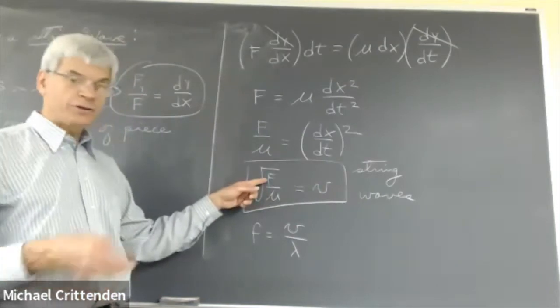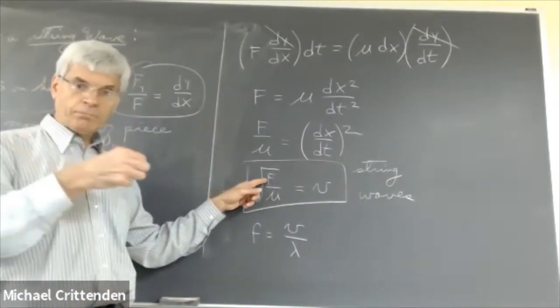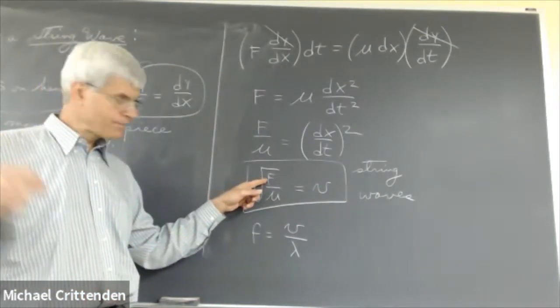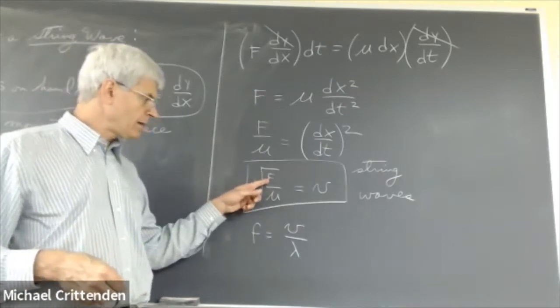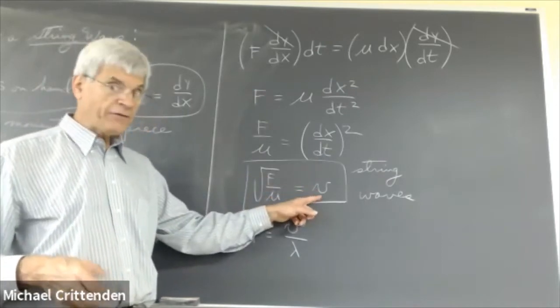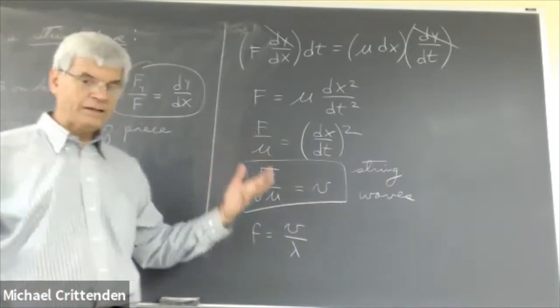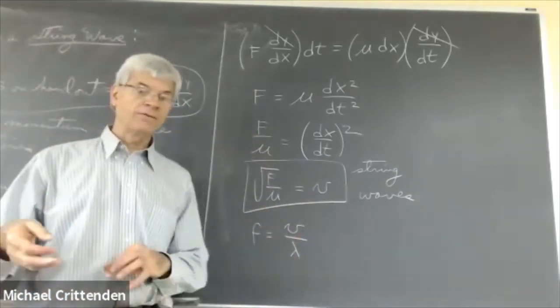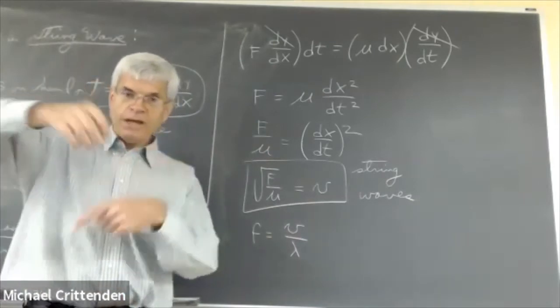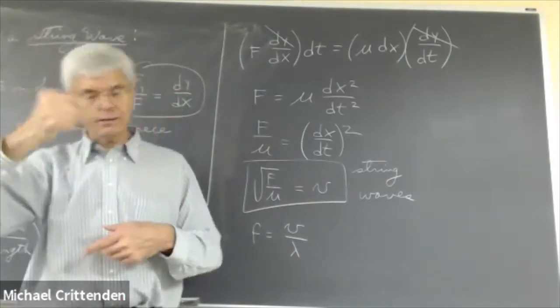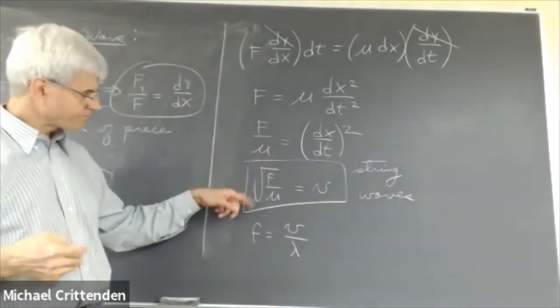The string tension is the force that pulls the wave along the string. Pull harder, waves go faster. Okay, so the tension is used in tuning, not only guitars, but that's how you tune a piano. If you've ever seen how it's done, there's a peg and they put kind of like a wrench on there and adjust the tension.